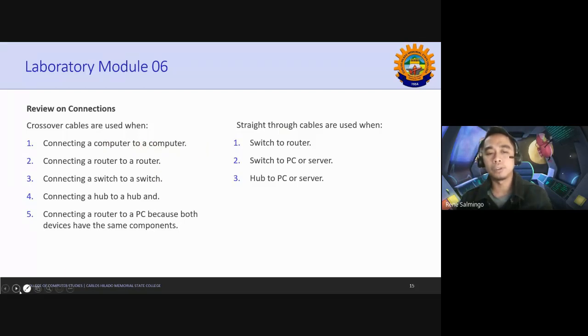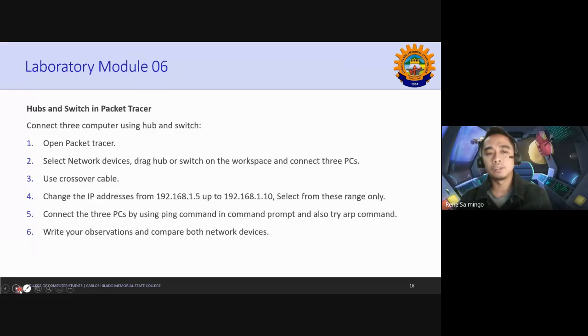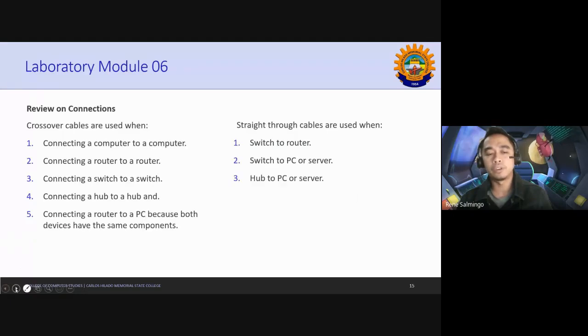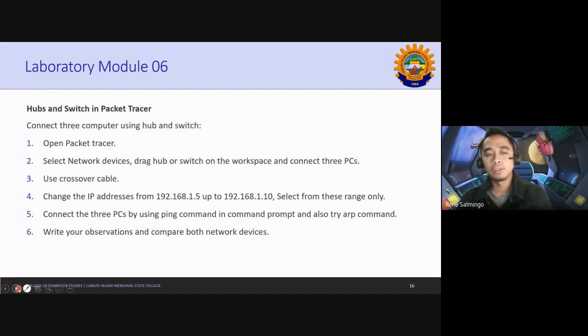The same with these other connections. Also, this is just a review for your test, and these are the things that you're going to do.